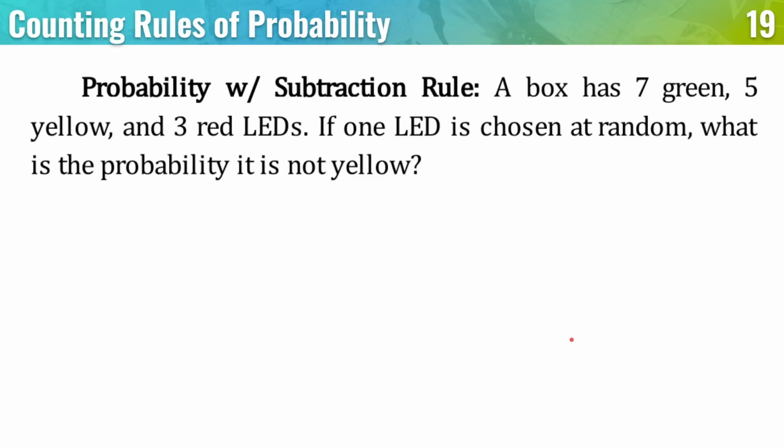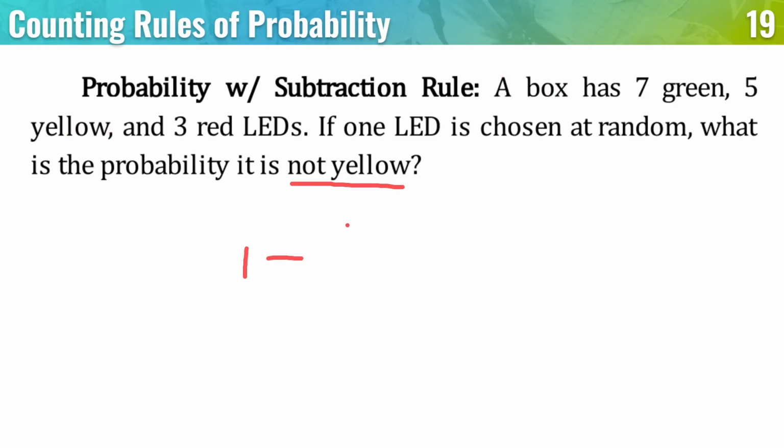Next, probability with subtraction rule. A box has 7 green, 5 yellow, and 3 red LEDs. If one LED is chosen at random, what is the probability it is not yellow? So, to get the things that are not yellow, what we could do is to find 1 minus the probability of yellow.